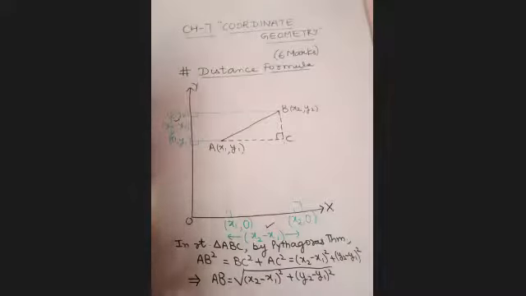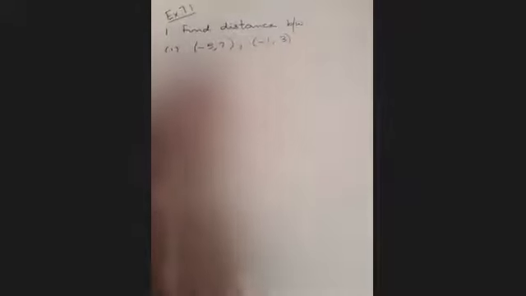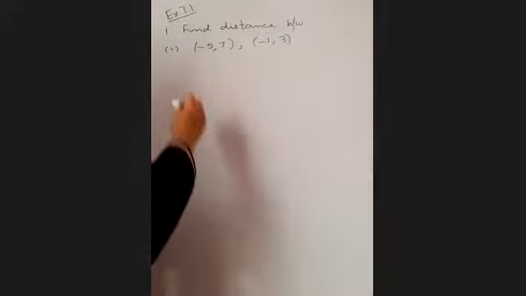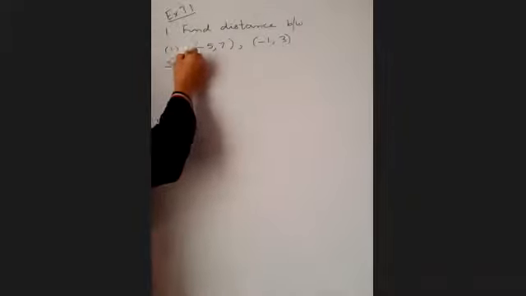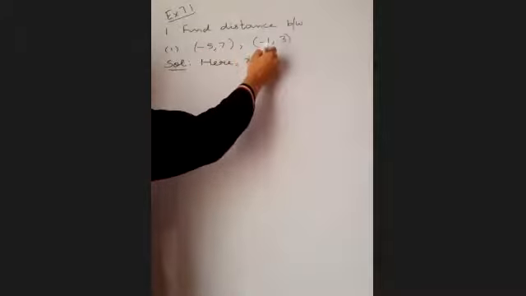You're going to please pause the video. Find the distance between these 2 points, minus 5, 7 and minus 1, 3. Beta, 2 coordinates are given. I'm giving you the proper format. What is x1 here? Minus 5.